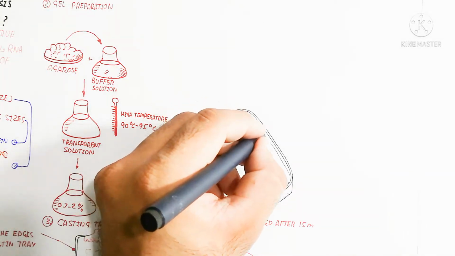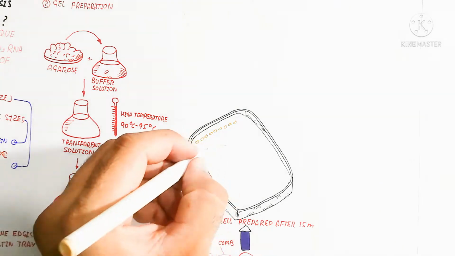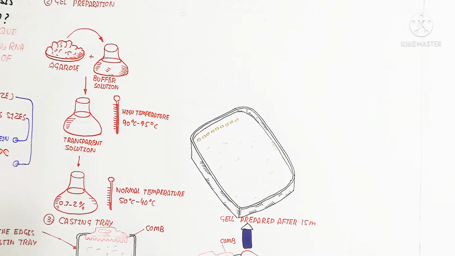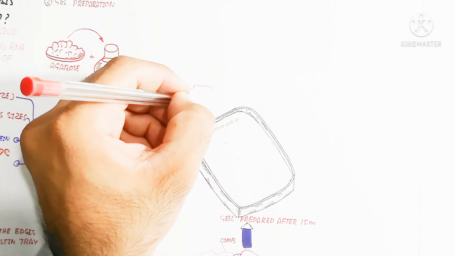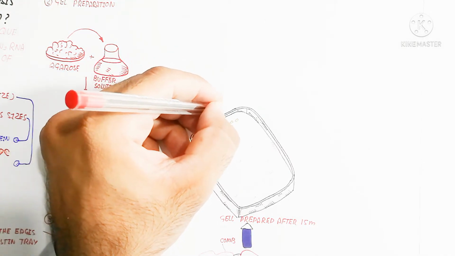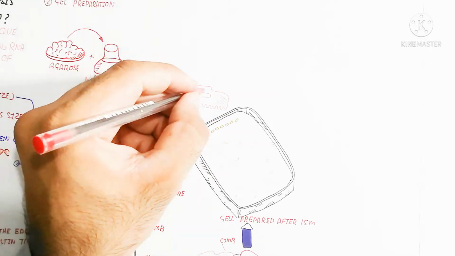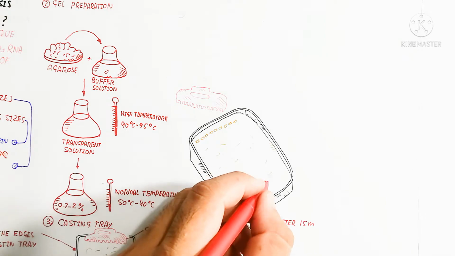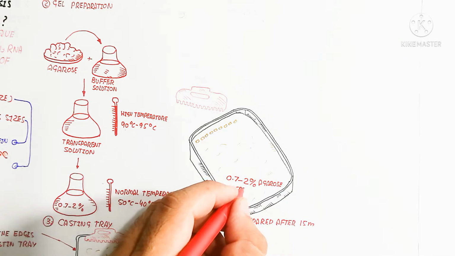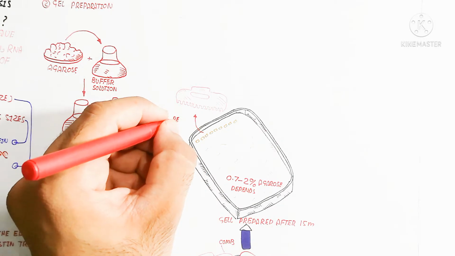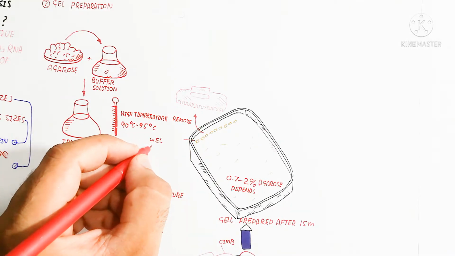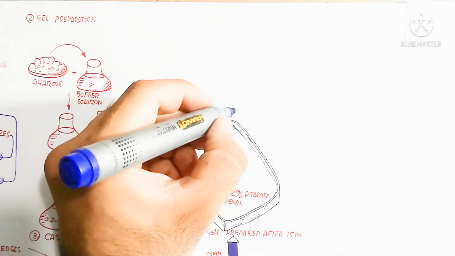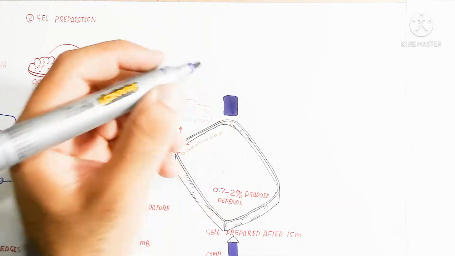After 15 minutes, with 0.7 to 2% agarose gel depending on the requirement and the analysis, we remove the comb and the well is created. This well is used for putting the sample in. We will pour the sample into the well; the sample pouring strategy we will discuss later.